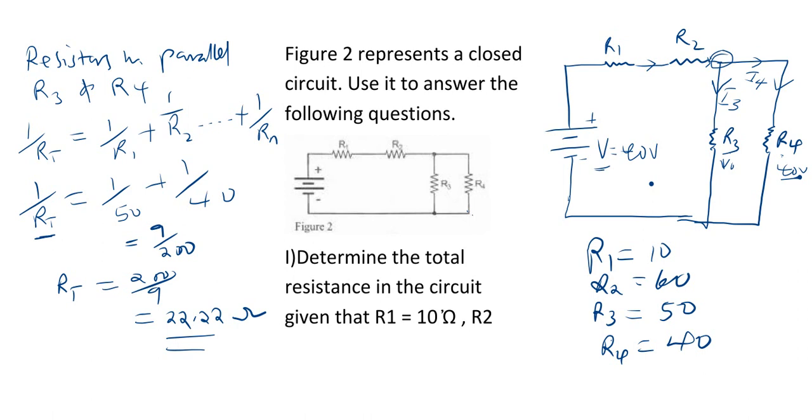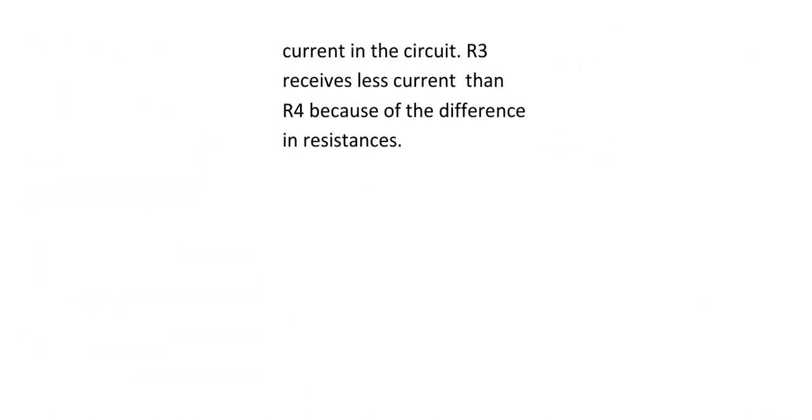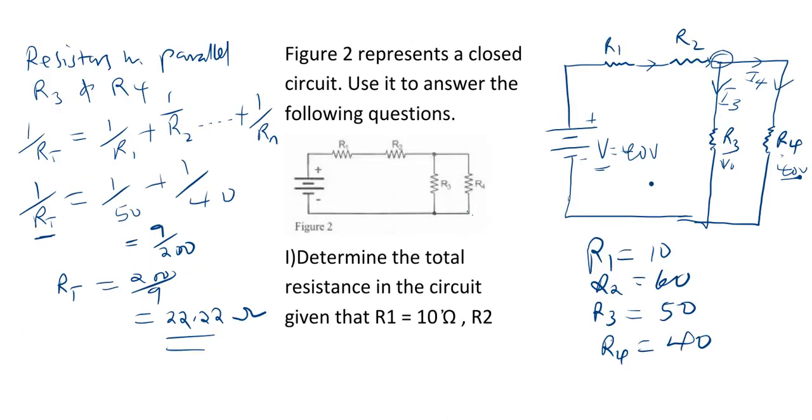The current will differ depending on the resistance offered by each resistor. So we can say R3 receives less current than R4 because of the difference in resistances. That is how you could have approached that question.